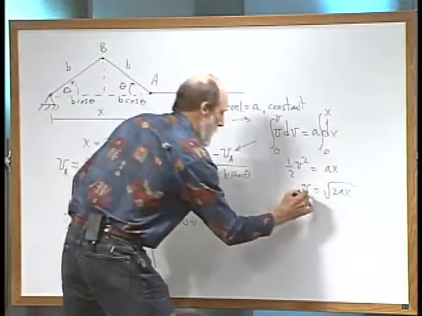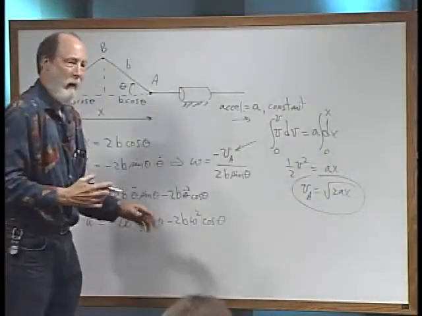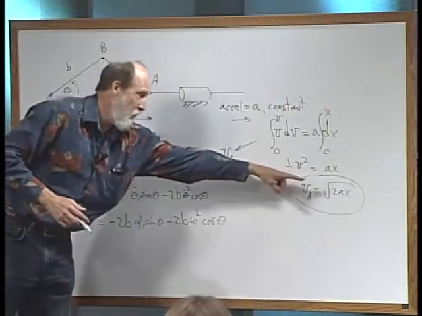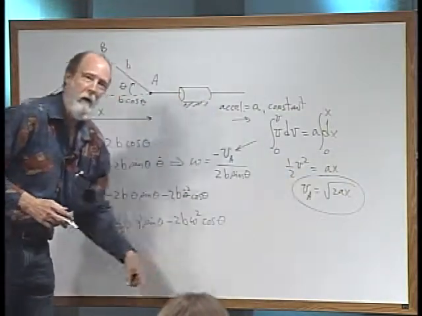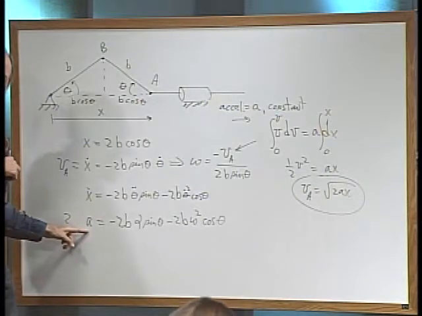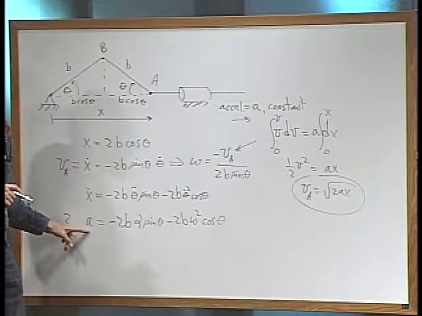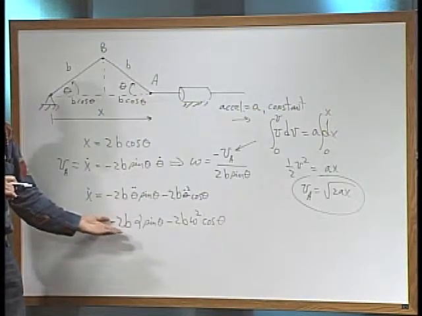So there's our velocity of point A right there, and it involves the acceleration A. So no need for us to have come down into this second derivative here. Feel good? Sometimes you got to backtrack a little bit.